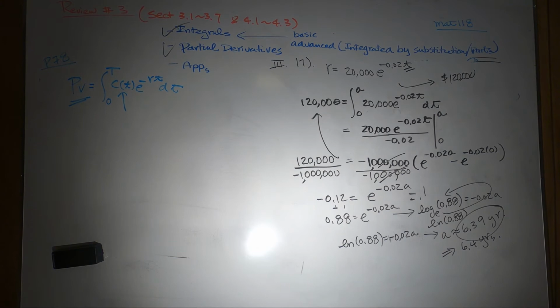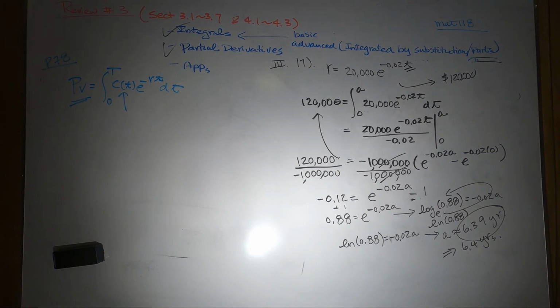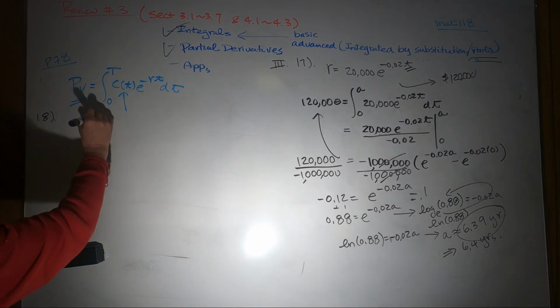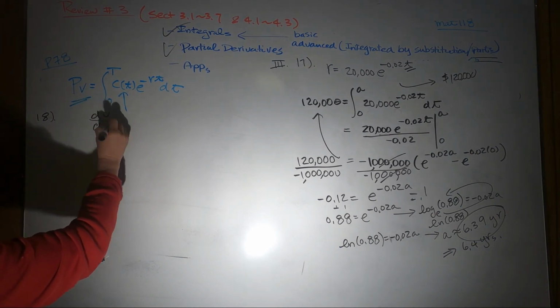Let's look at the next one on your next page. Number 18, average. The rate of vocabulary memorization of the average student in a certain foreign language course is given by this dv dt, right?